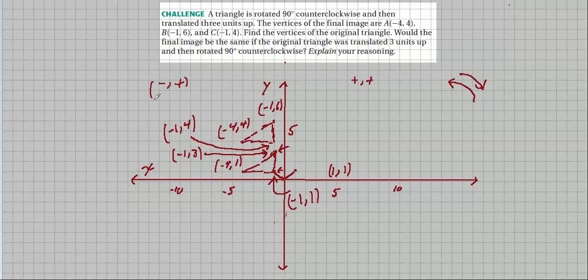Down here, it's negative, negative. And here, it's positive, negative. In other words, x and y are both positive; x negative, y positive; x, y both negative; x positive, y negative. So when we make this switch over here, what are we doing? Well, it looks to me like we reverse. It's not quite like a reflection. We're going to have to do some other things too. For instance, this one here.